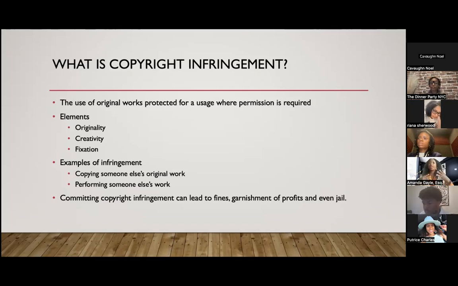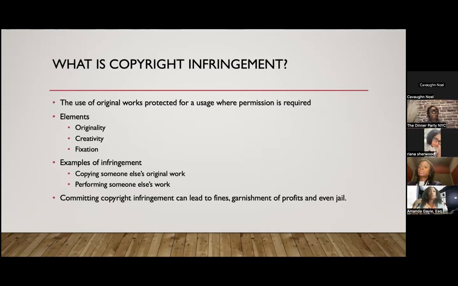So as I said, it has to be something that is unique, that is original to you, that you've created, that is not something that's everyday out in the ordinary world. It's something that is special and unique and distinctive that you've created that is tangible. So that's what fixation means: it's not just a concept, but something that you can touch, you can feel, you can provide to the Copyright Office and say, this is my work.